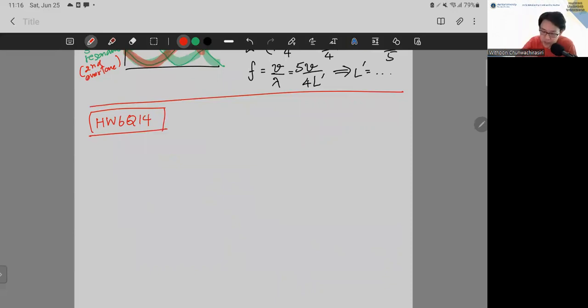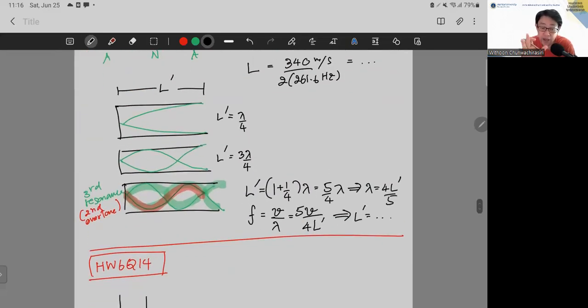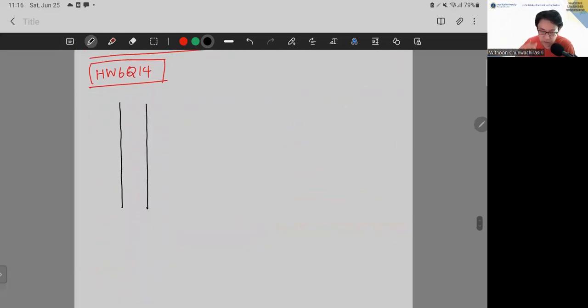This is a nice question because it gives you a contrast to the previous problem. What you had there, the length of the air column was fixed, and you were considering the different wavelengths that can be put inside that fixed-length air column. But over here, we turn the problem around.